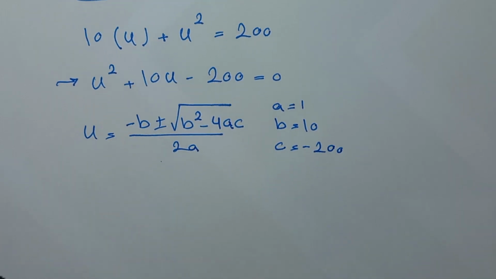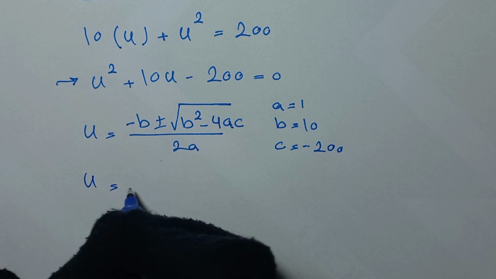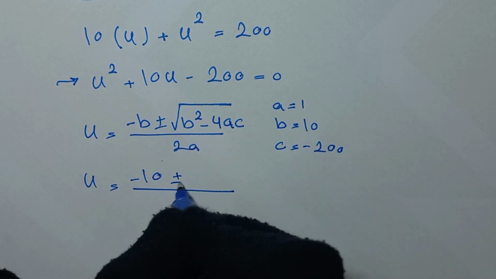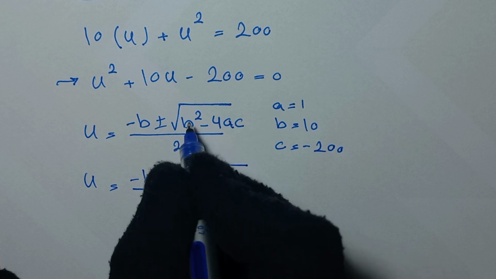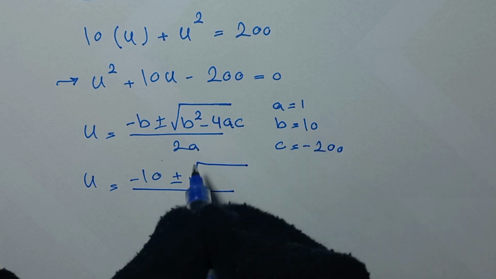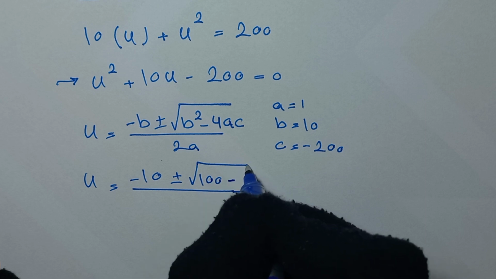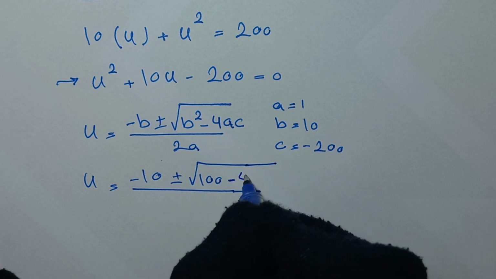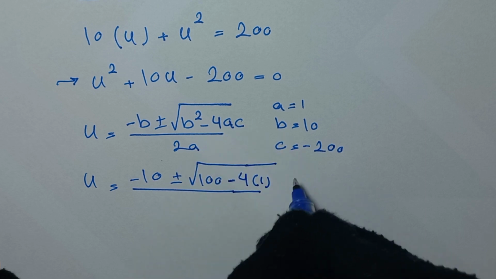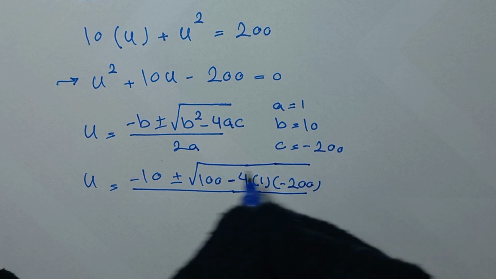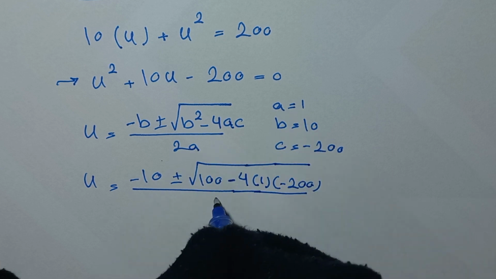So u is equal to negative 10 plus or minus the square root of 10 squared, which is 100, minus 4 times 1 times negative 200, over 2a, where 2a is 2.